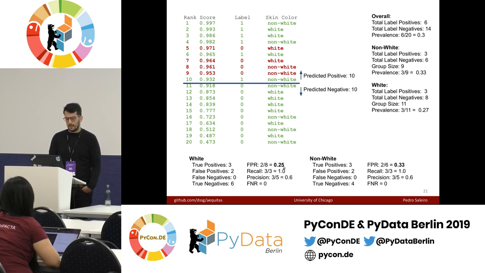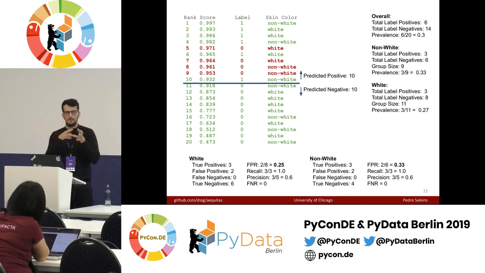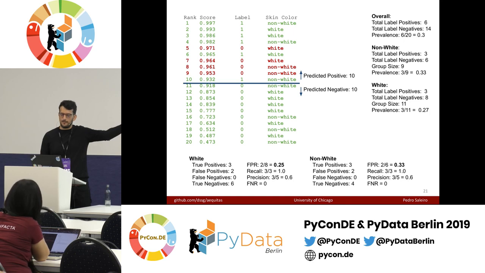It is 0.25 on white, the larger group with lower prevalence, and 0.33 on non-white. So, if we think about the probabilities, given that you are from the group non-white on skin color, and the label is 0, the probability of having a false positive is higher for non-white than white.